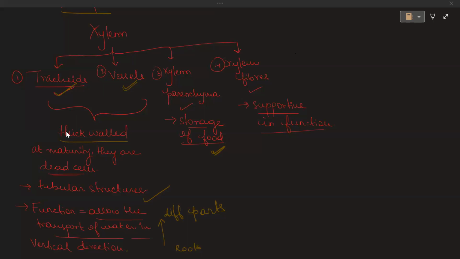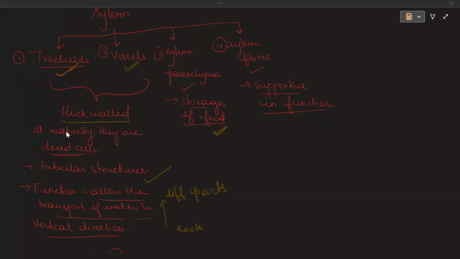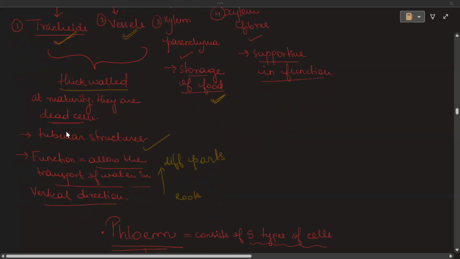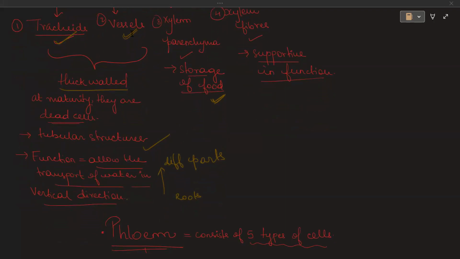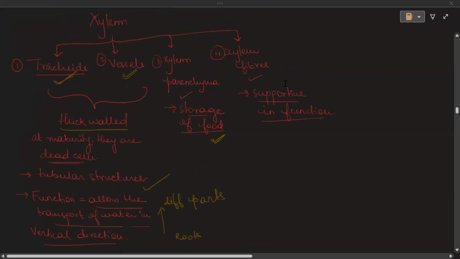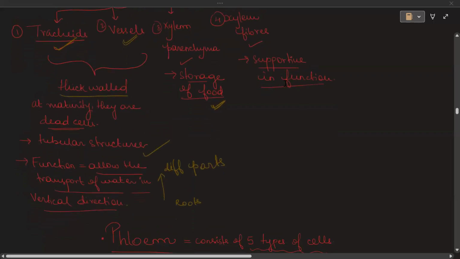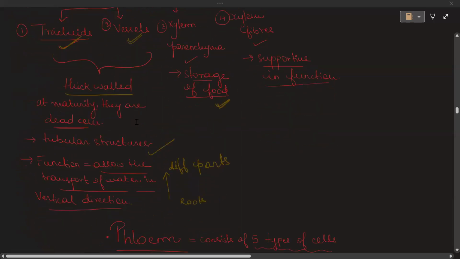They are tube-like structures and allow the transportation of water in a vertical direction, meaning from the roots to the different parts of the plant. The xylem parenchyma is responsible for the storage of food, and the xylem fibers are supportive in function. These are the functions of each component of the xylem.